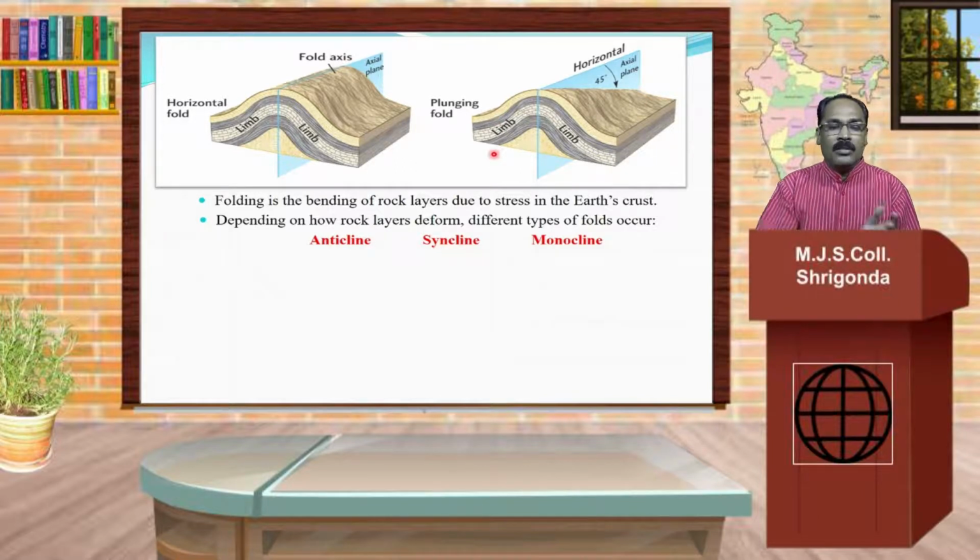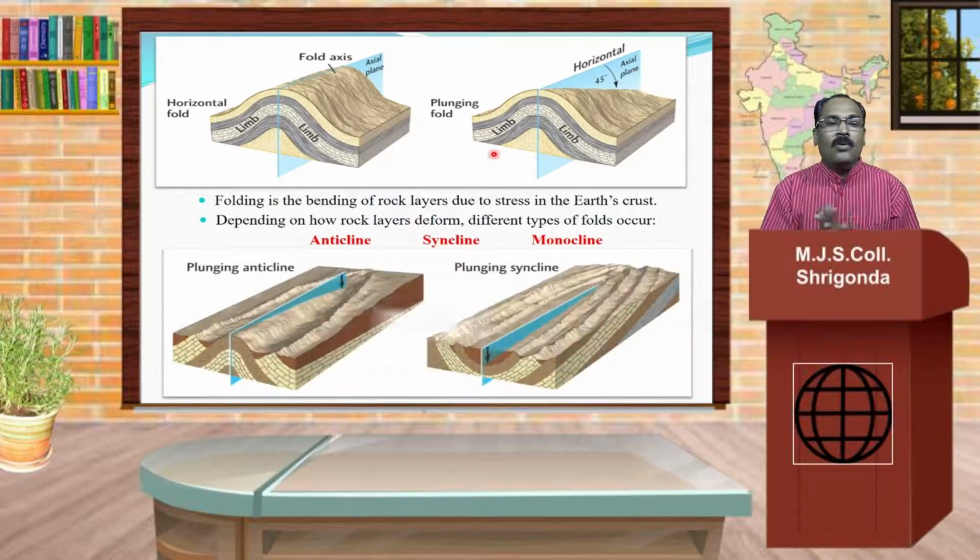Depending on how rock layers deform, different types of folds occur. The anticline, syncline and monocline are the types of folding. Here the plunging anticline and here the syncline. Syncline means downward direction and anticline means upward direction.